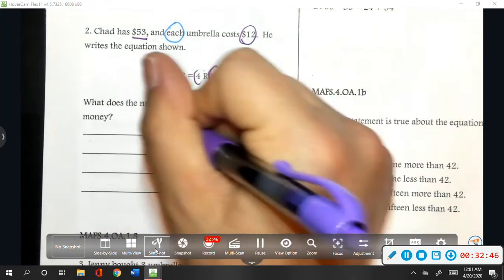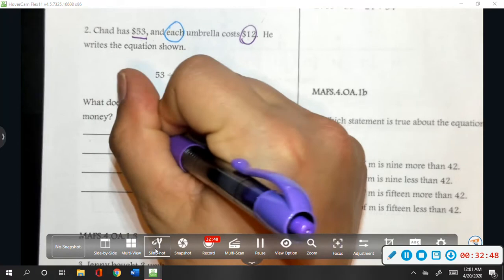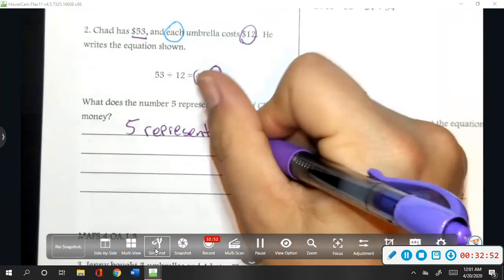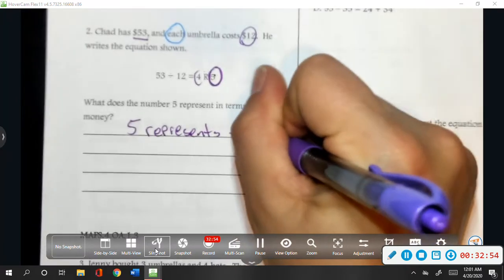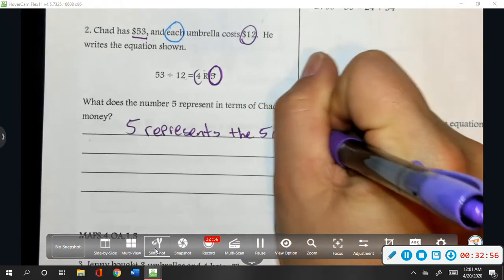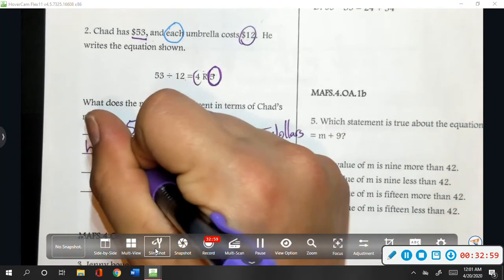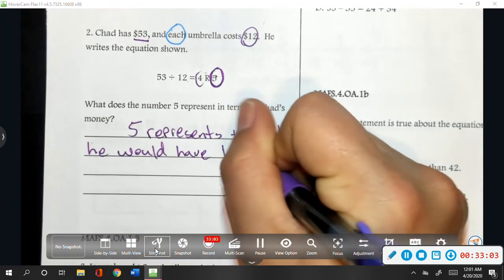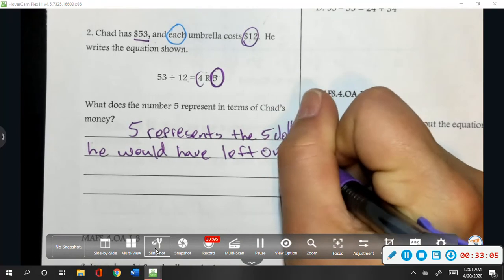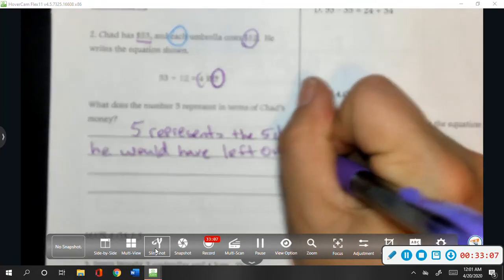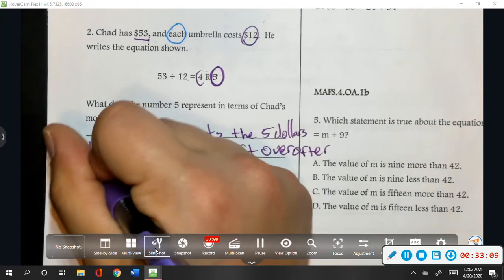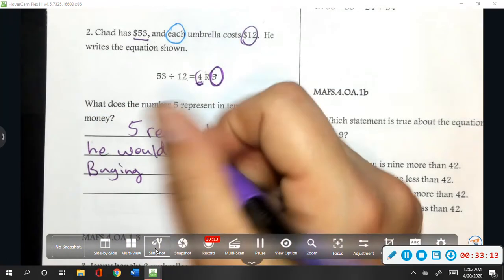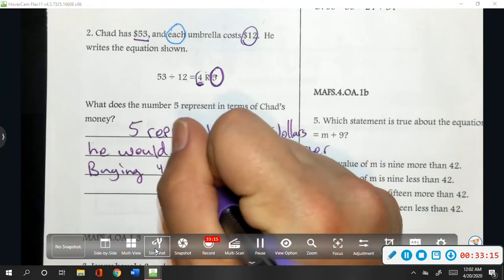So the 5 represents the $5 he would have left over after buying 4 umbrellas.